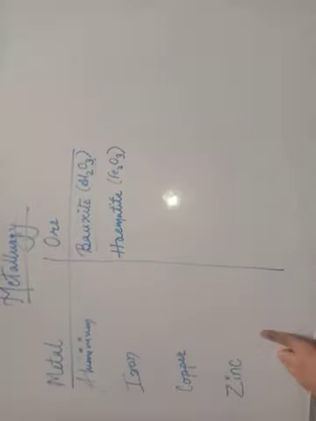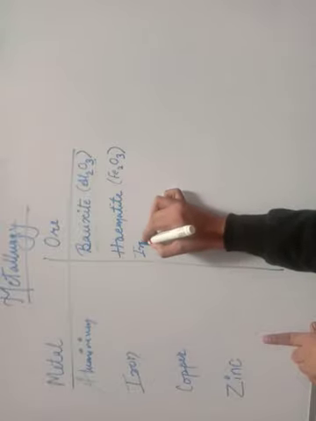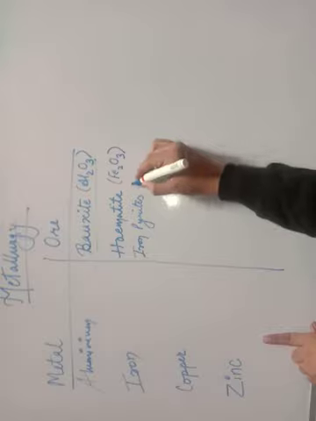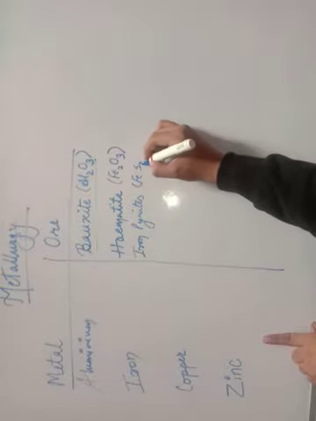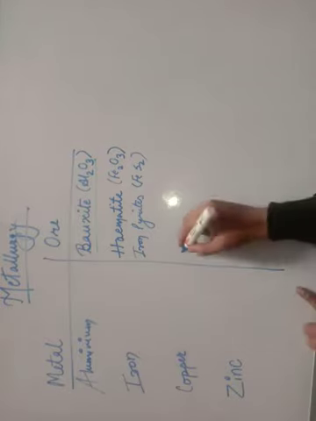Hematite is the ore of iron and its formula is Fe2O3. Now we also have iron pyrites, and its formula is FeS2.